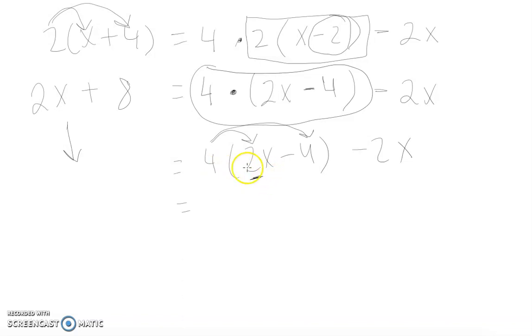Instead of multiplying 4 times x, you multiply by the 2 and then add an x beside it. So it'd be 8x minus, and remember, it's minus because it's a positive times a negative. So 4 times 4 is 16, and since it's a negative 4 right here, you're going to just do negative 16. And then subtract 2x to leave you with 2x plus 8.